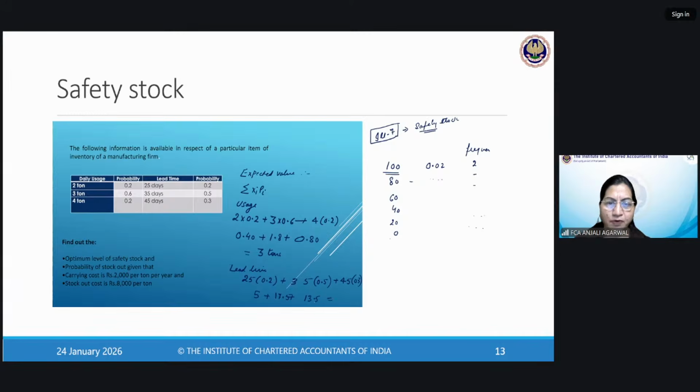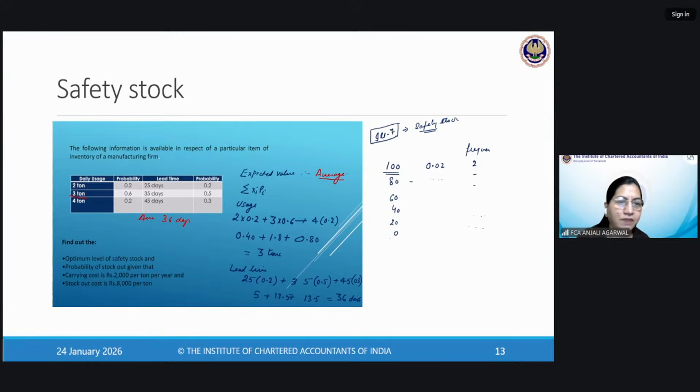So 17.5 plus 13.5 plus 5, 36 days is the average lead time. Okay. So far we have calculated two important things: the expected usage and the expected lead time. Here expected will serve the purpose of average. So average is 3 tons and average lead time is 36 days.